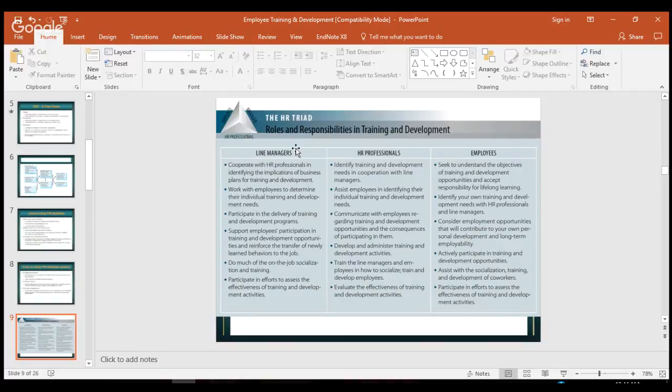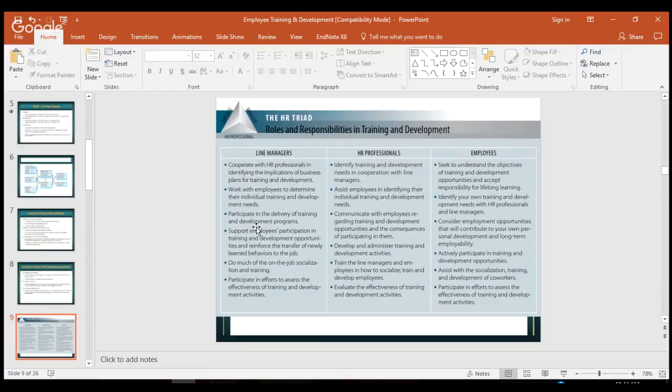First of all, we look at the line managers. We're expecting that the line managers be able to continuously evaluate their employees' skill set and performance, and be able to have that ongoing discussion with their HR business partner on what can be done. So be able to provide that feedback to their HR business partner.